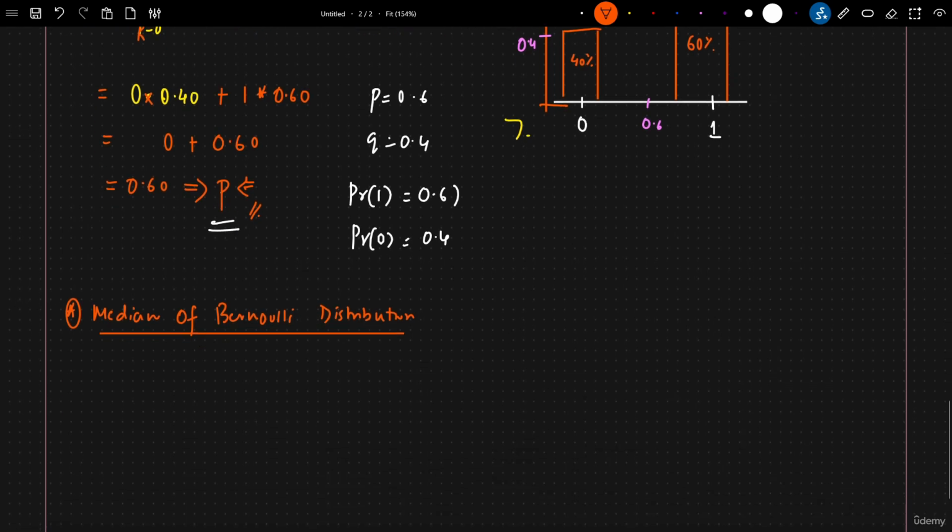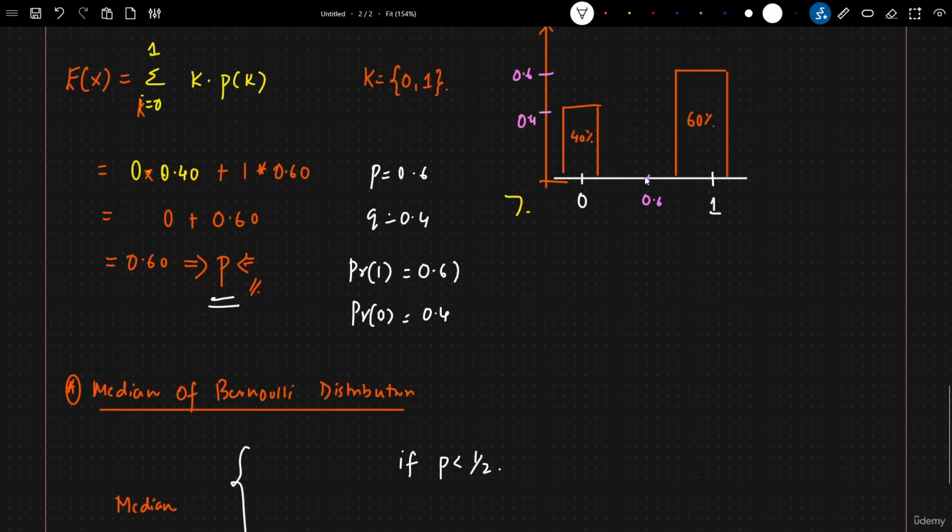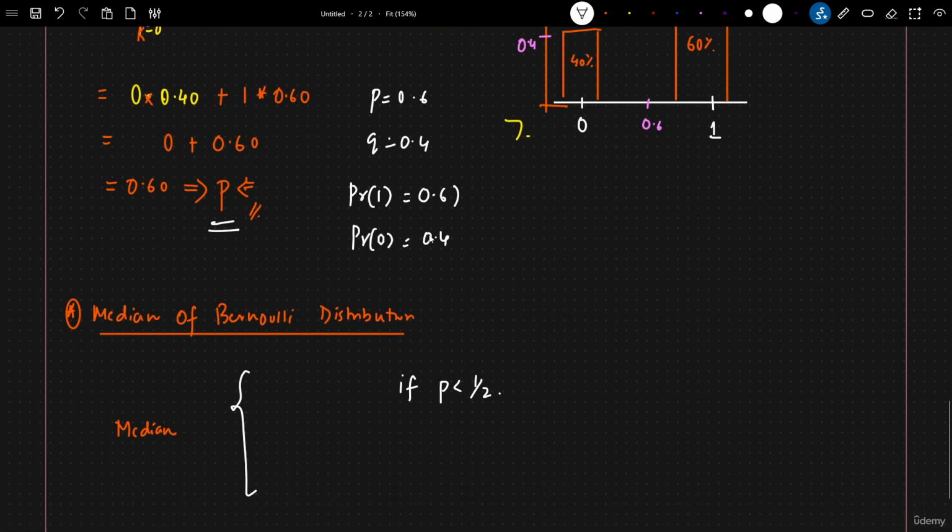Now, when I talk about the median, it is mentioned by this notation. To compute the median, I depend on the p value. If the p value is less than half, that is, less than 0.5, then since I need to take the central element, my median will be exactly equal to 0.